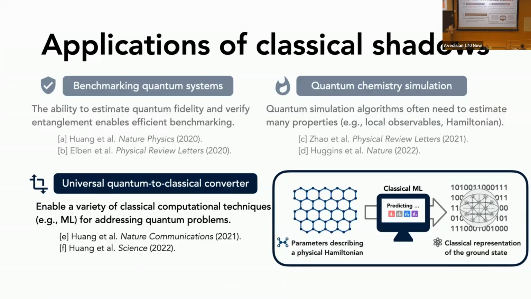Another example is by taking data, like we do a bunch of quantum simulation and use classical shadow to turn those output states into a classical representation. Now we can use them to train an ML model, such that the ML model has the guarantee that given a new Hamiltonian that we have never seen before, it can accurately predict the ground state. I'm going to talk about that a little bit later, towards the end of this lecture.